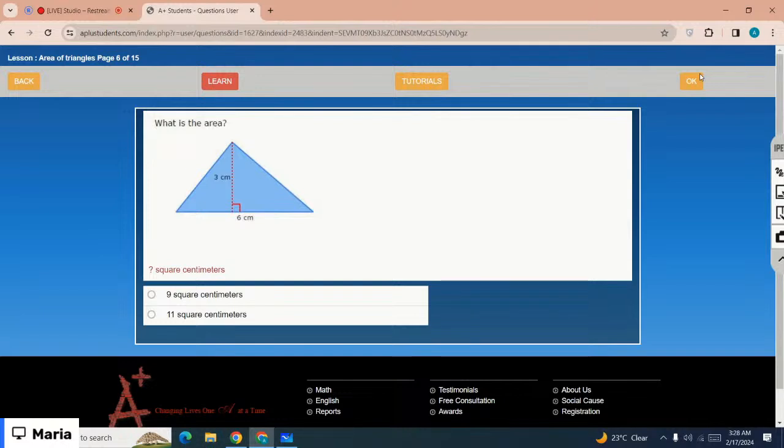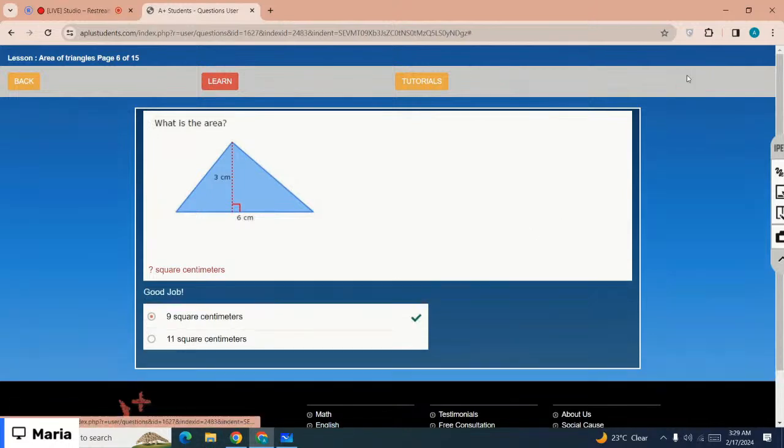The correct option is 9 square centimeters. Option number 1 is the correct option, right?